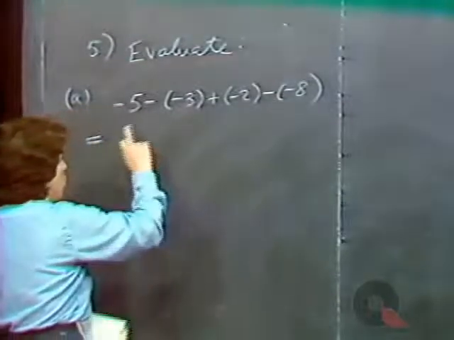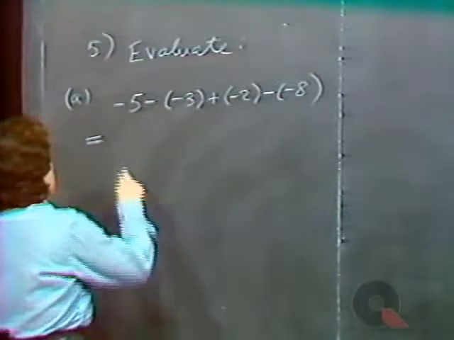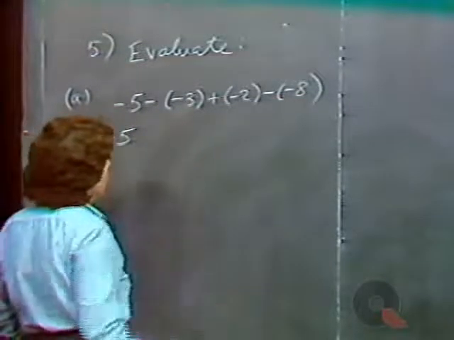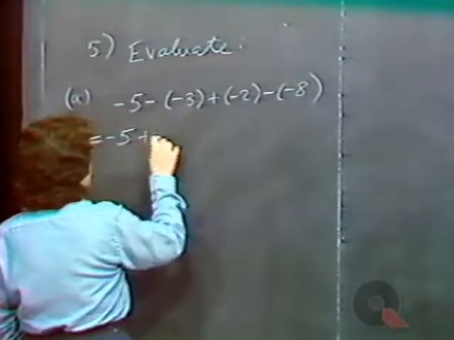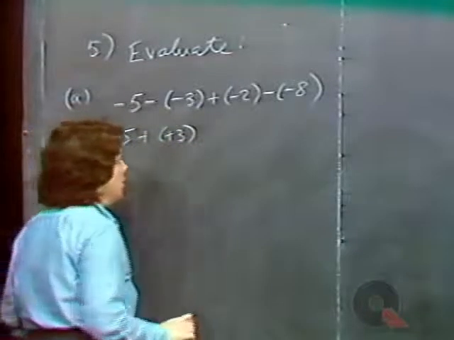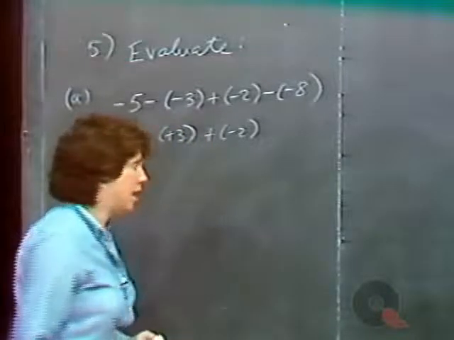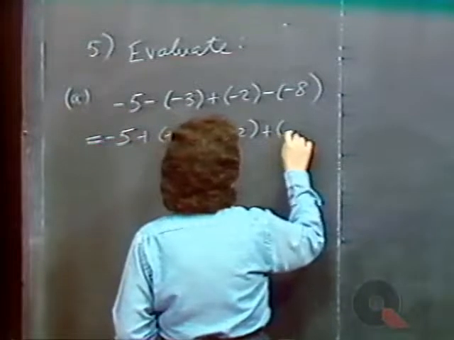Okay. We're adding and subtracting signed numbers here. Minus 5, instead of subtracting a minus 3, we add the opposite, so we're adding a plus 3. We're adding a minus 2, and instead of subtracting a minus 8, we'll be adding the opposite.